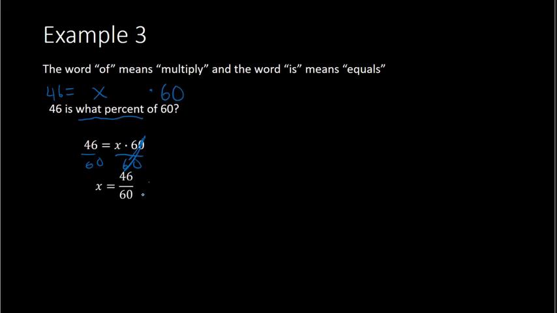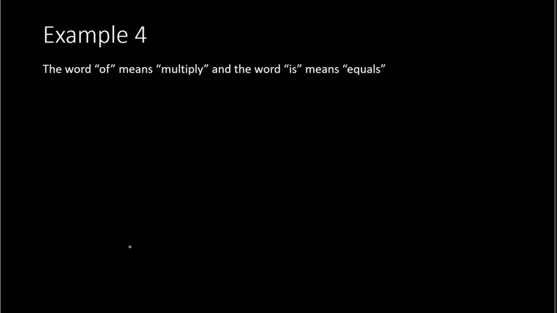When I divide this, I get a decimal: 0.76 repeating, or 0.7666, etc. Here we are told to write this as a percent: 46 is what percent of 60? To convert this to a percent, I simply move the decimal place over 2 places to get 76.6 repeating, or 76.7% if I round that.